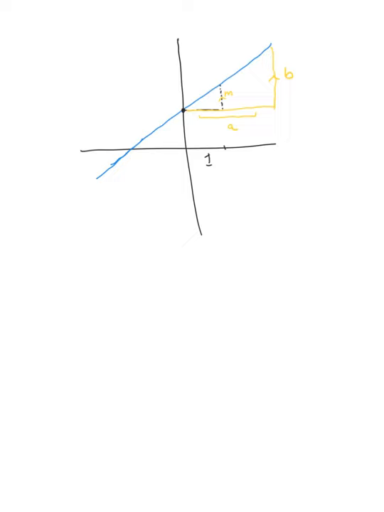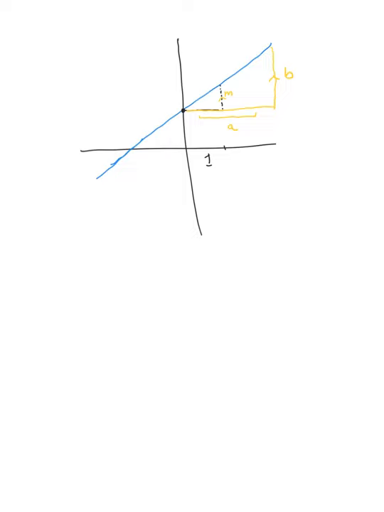let's do it like this. I want to highlight. So B over M is going to have the same ratio as A over 1.